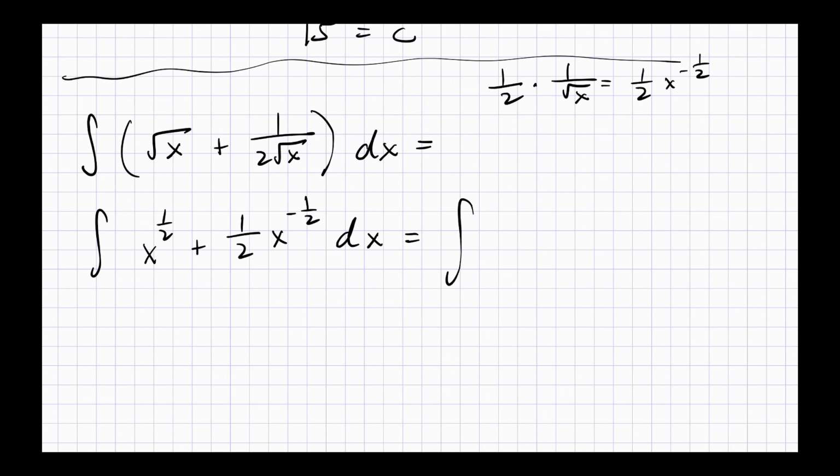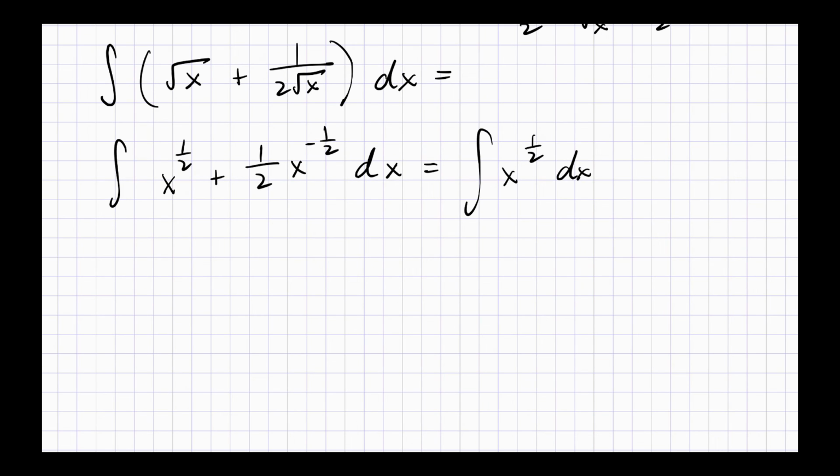So I'm going to separate them. So the first one is x to the 1/2 dx. You know what? I don't have to separate them. You can if you want, but I'll just break them up like this. So the antiderivative of that guy is add 1. So if I add 1, I get 3 over 2.